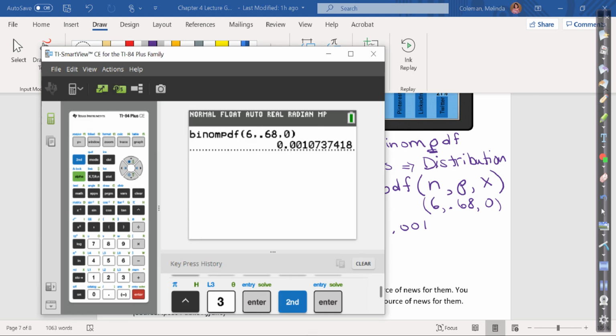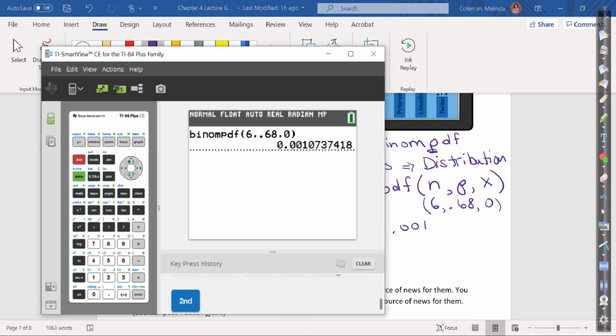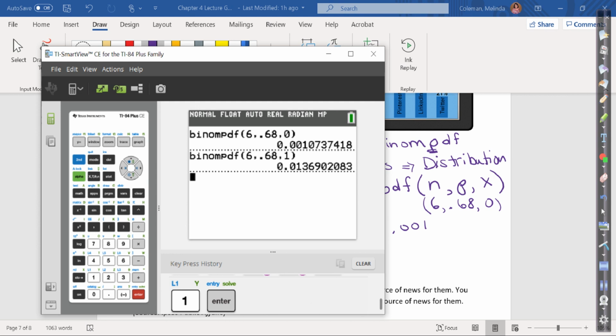Now again, the best thing about the calculator, now that I have this stored in here, if I hit second enter, it'll take me back. I can tab backwards now, and all I have to do is change this 0 to a 1. Everything else stays the same. Hit second enter, and I can go back and change the 1 to a 2.